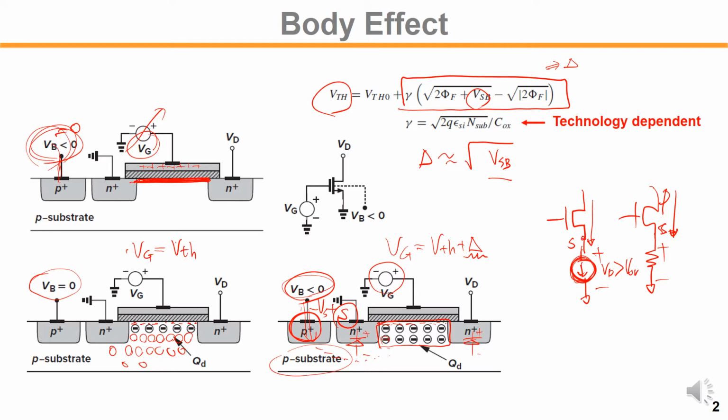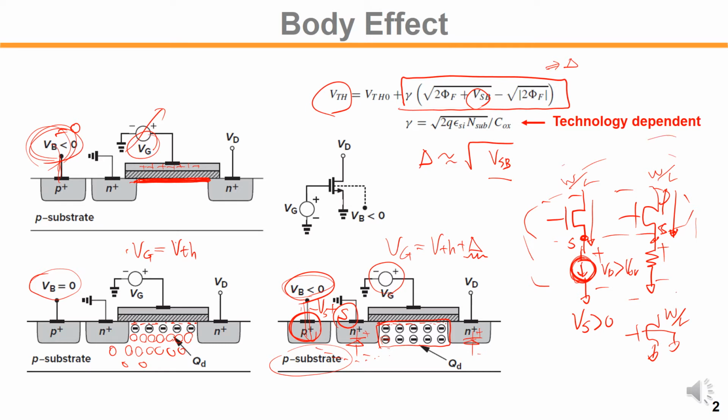So the source node is higher than 0 for those two cases. This results in a higher VTH for the device than when the source is tied to ground. Even with the same transistor size, W over L, the upper two cases show higher VTH.